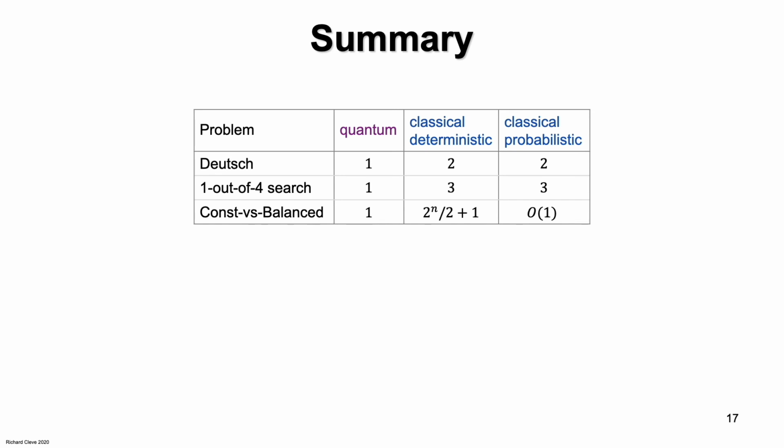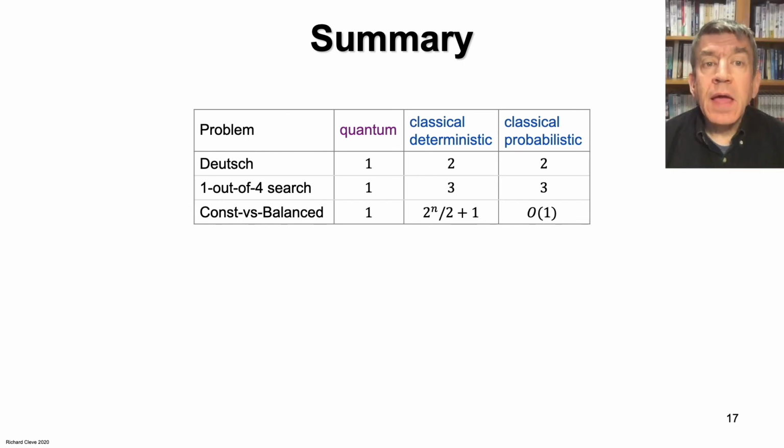And for the constant versus balanced problem, any classical algorithm requires exponentially many queries to solve the problem perfectly. However, there is a probabilistic classical algorithm that makes only a constant number of queries and solves the problem with bounded error probability.